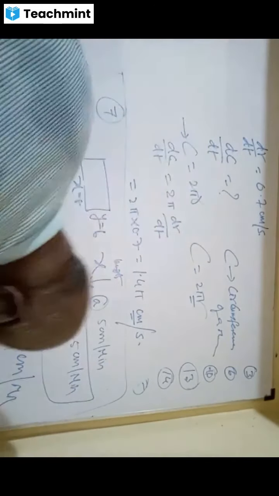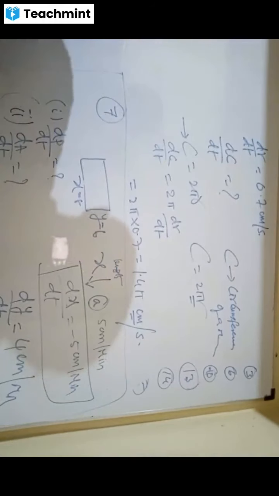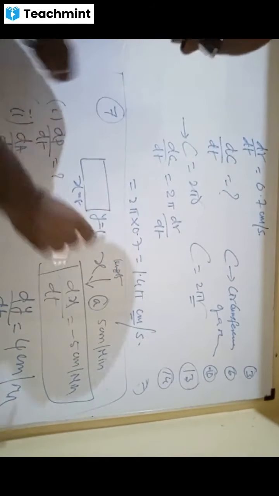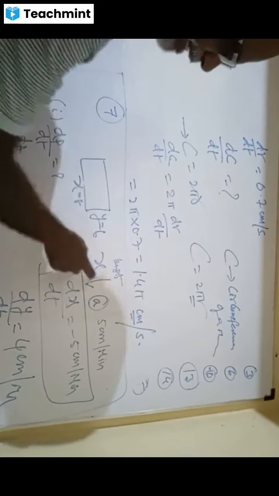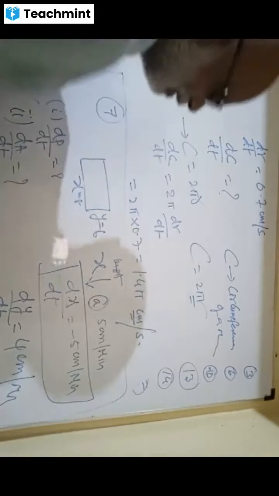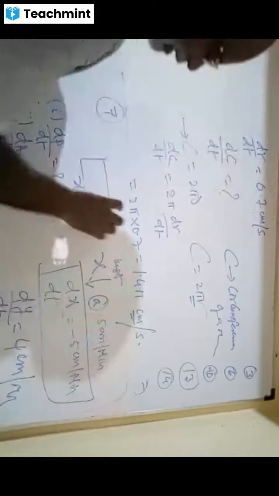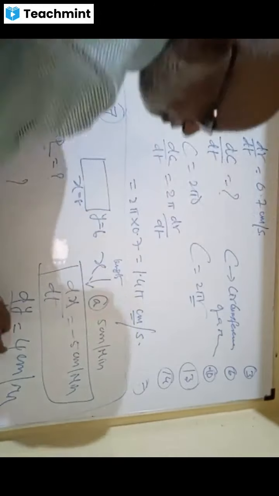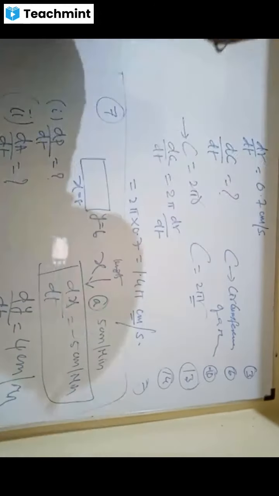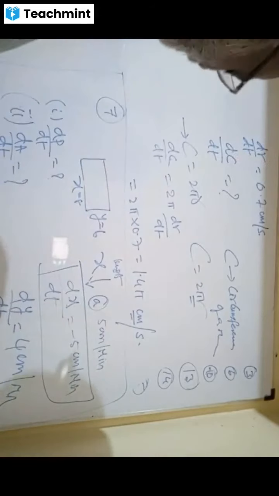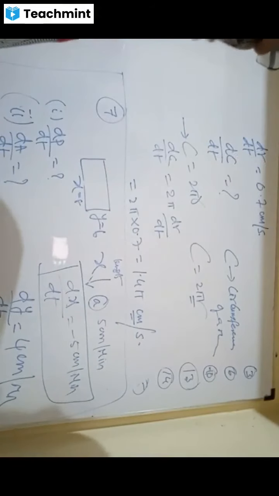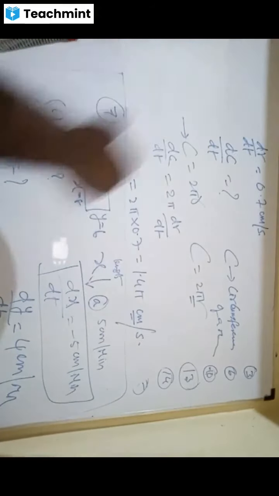I repeat it. There is a rectangle. The length is decreasing at the rate of 5 centimeter per minute, that is dx by dt is minus 5 centimeter per minute. The width is increasing at the rate of 4 centimeter per minute. He is asking us to find the change in area and the change in perimeter.